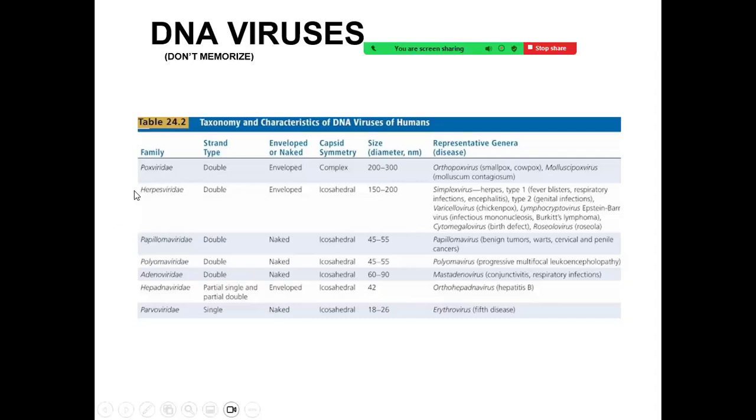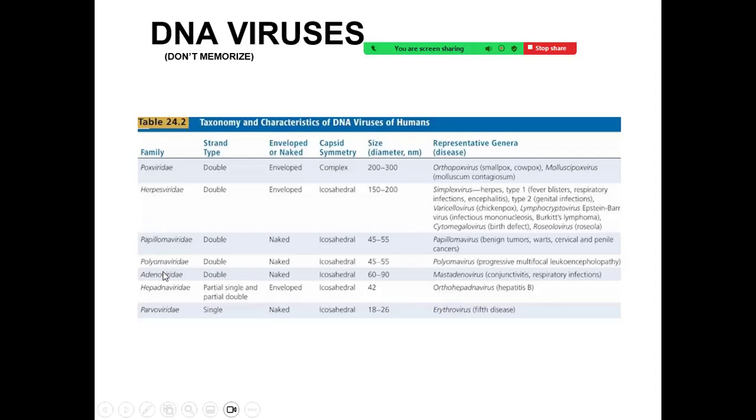And that includes shingles and chickenpox, cold sores, genital sores for herpes simplex type 2, cytomegalovirus, which I haven't talked about yet, mononucleosis. So some common human viruses in the herpes family.